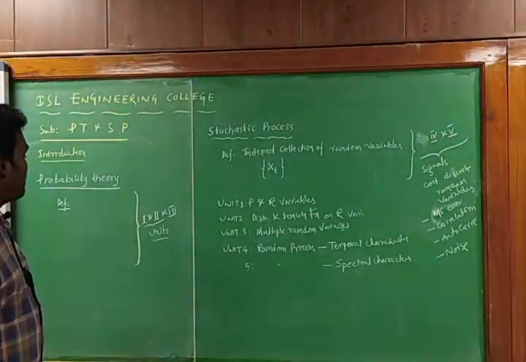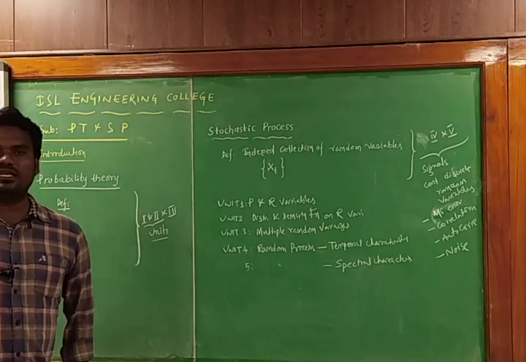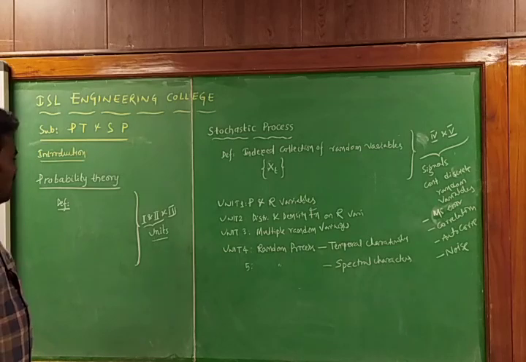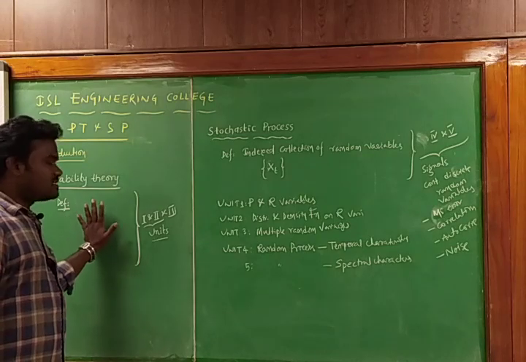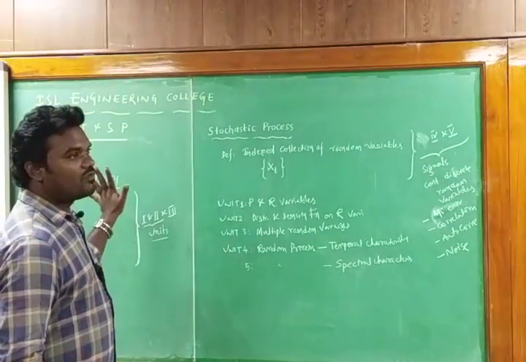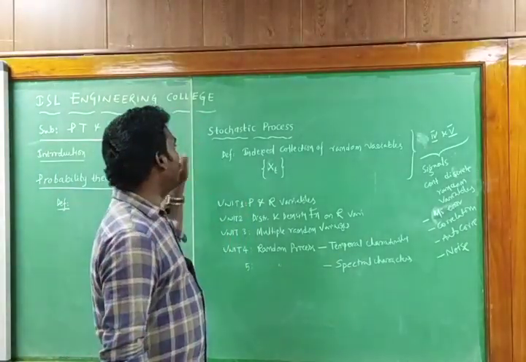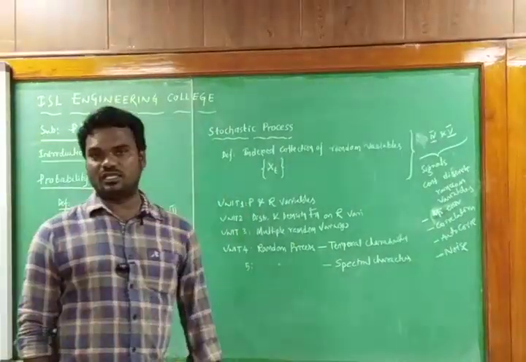Here the probability theory deals with random variables, sets, functions and theorems. If you are good at this set of functions, theorems and random variables, single random variable and multiple random variables, then you can easily understand the stochastic process.